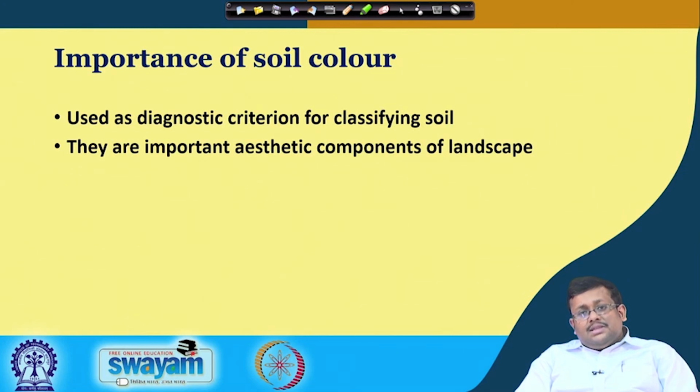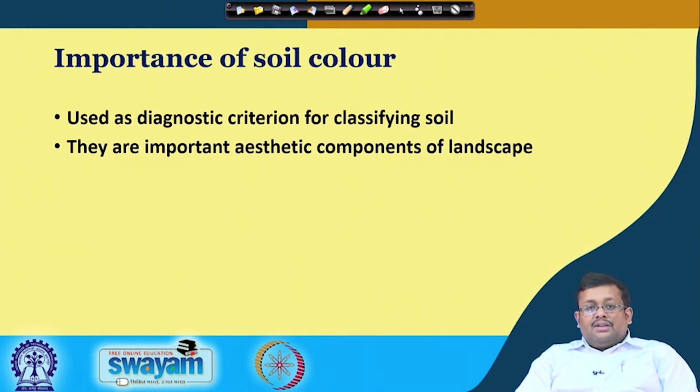So, it is very important to examine the soil color before we go for other soil physical property measurements. And again, soil color shows a snapshot of different properties, and it helps us to interpret different soil properties, specifically the presence of organic matter or moisture.